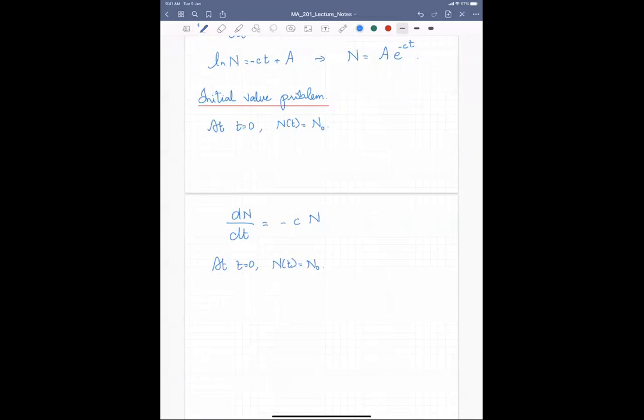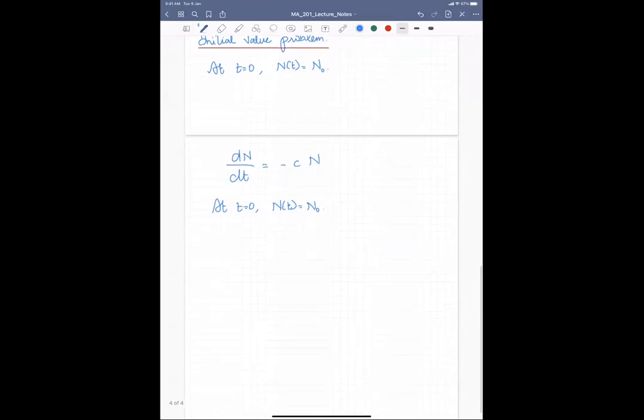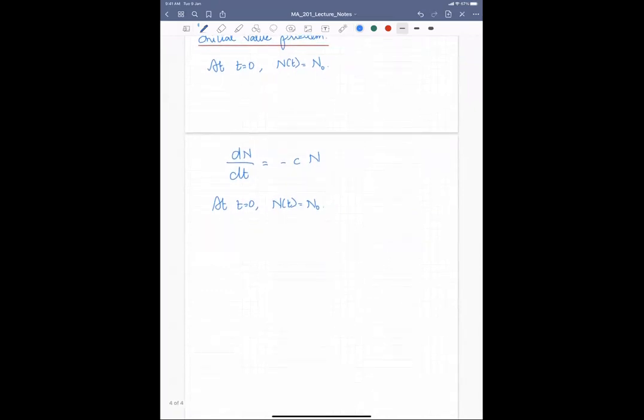So not only should I solve the differential equation written on the first step, I should solve it subject to the condition that at time t equal to 0, my solution should actually show that n is n0. So the question is to solve this, and when I say this, I mean this differential equation subject to this condition.